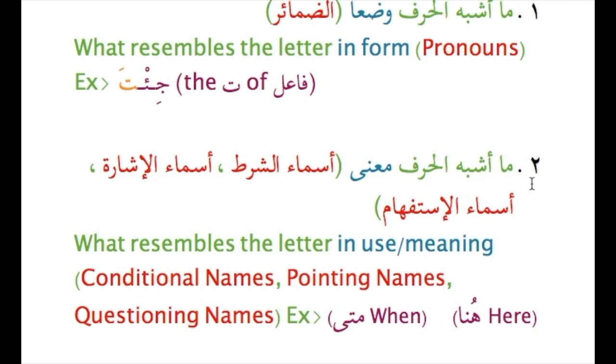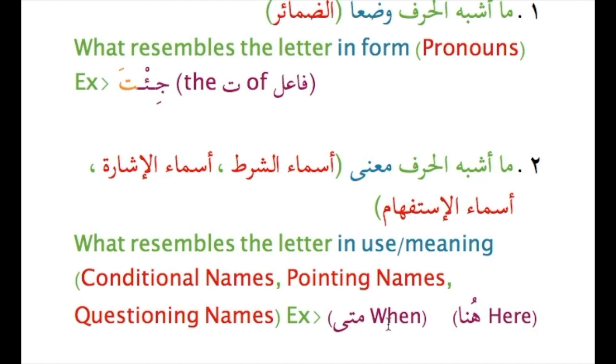Alright, let's continue. 2. إثنان ما أشبه الحرف معنى, what resembles the letter in use and meaning. And those are أسماء الشرط, conditional names, أسماء الإشارة, pointing names, أسماء الاستفهام, questioning names.